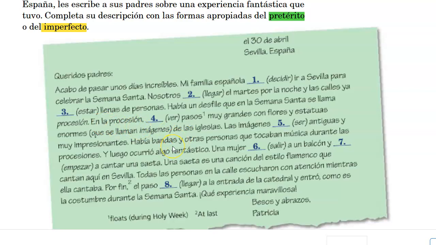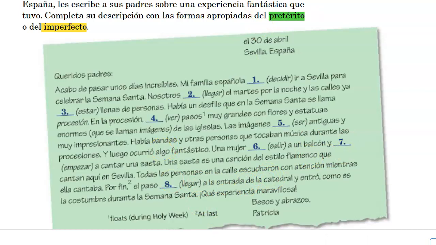Yo vi pasos muy grandes, etc. All right, for number 5, the images were old and amazing, or antique and amazing. A woman left the balcony and began to sing. And finally, the float arrived at the entrance to the cathedral. Give you a little context for the rest of those there. I'll have you guys wrap that up.